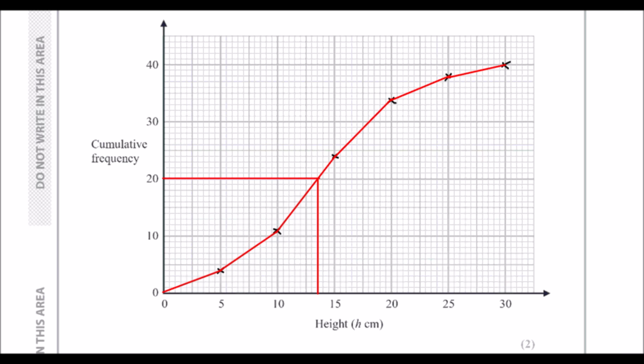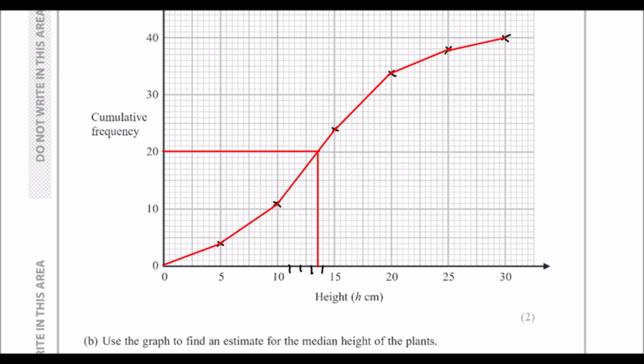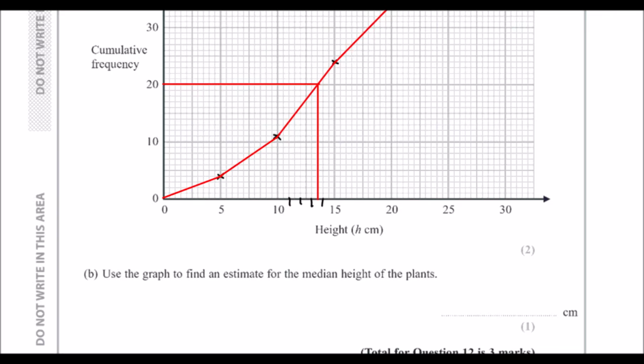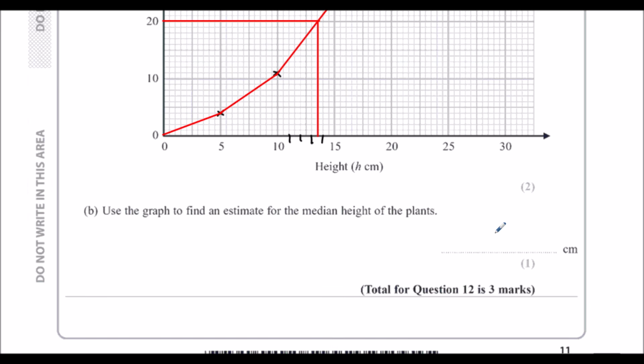So that is 13.5, because we're going up in twos here. So 11, 12, 13, 14. So I've got 13.5. You might get something slightly different because it will depend on your graph. But 13.5 is what I will write here.